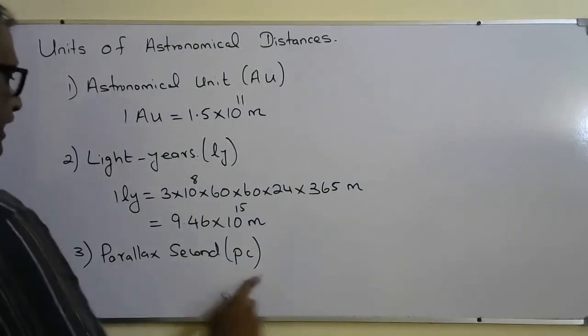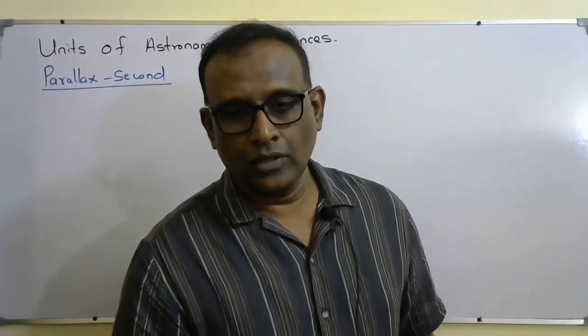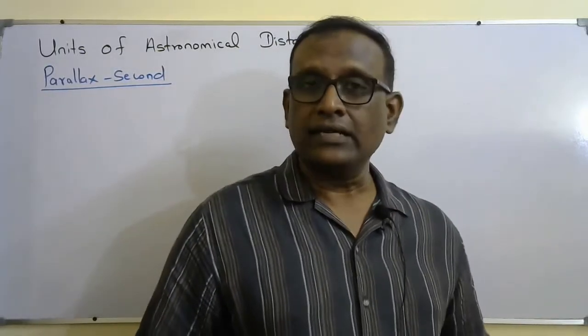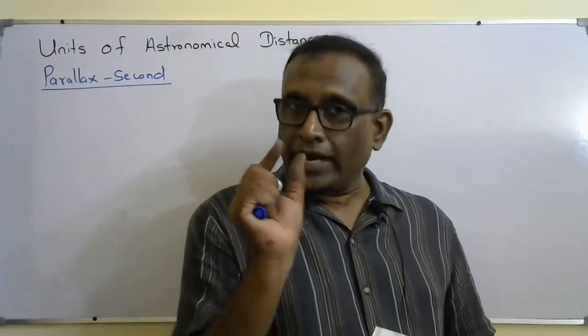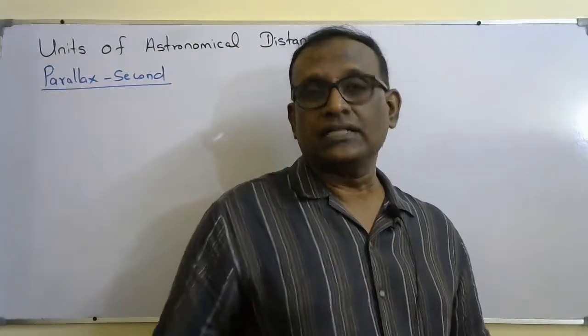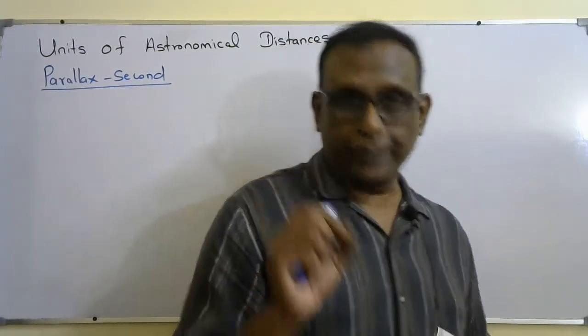So how do we define parallax second? Okay, I'll define it now. Before defining parallax second, you should know that 1 degree could be divided into 60 equal divisions, and each division is called 1 minute.